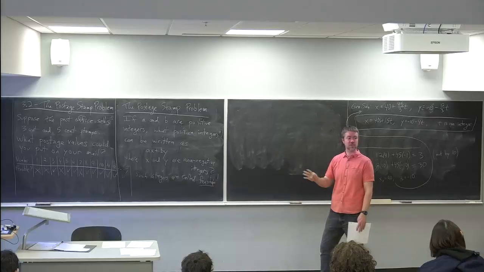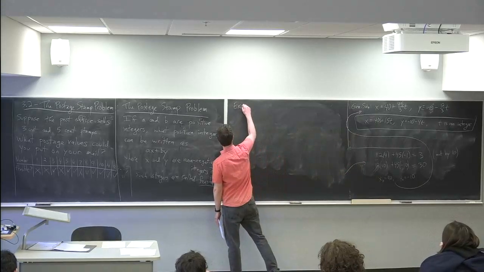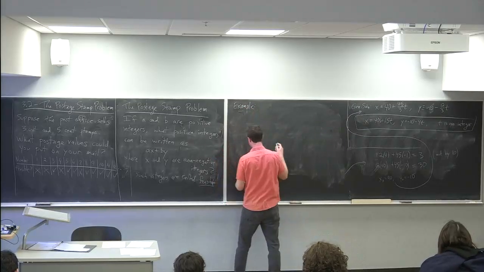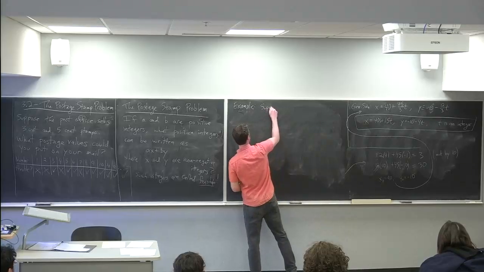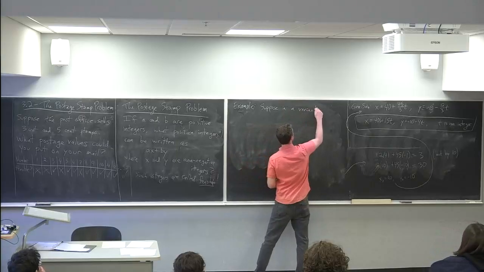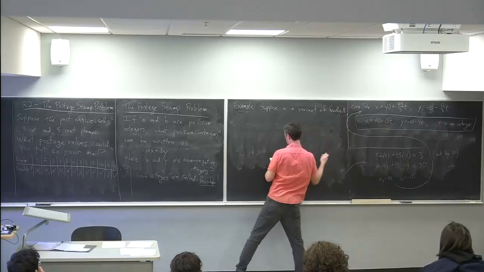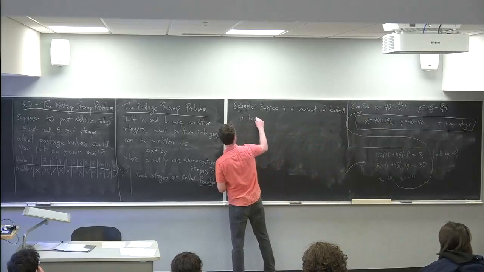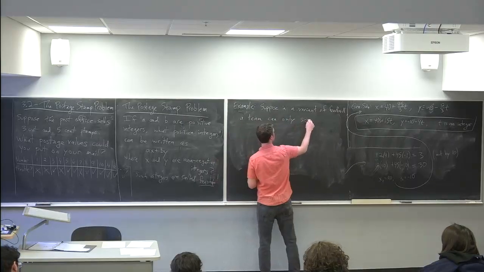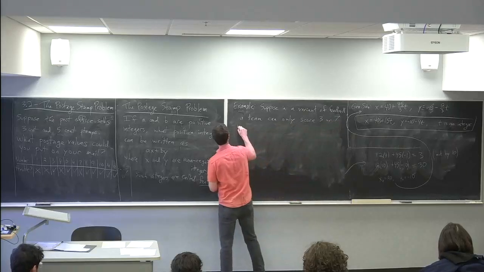Just another example to think about before we state any theorems. So suppose in a variant of football, a team can only score 3 or 7 points at a time.